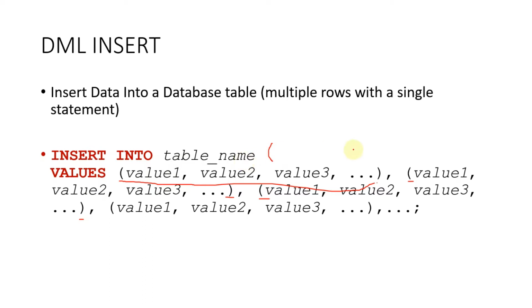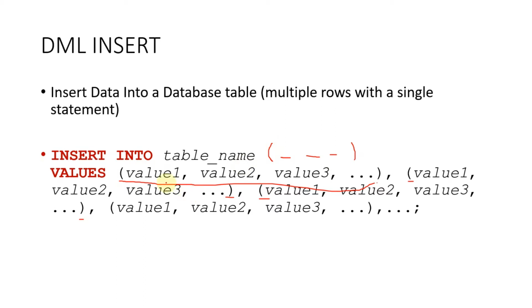Suppose we have 5 attributes and we need data to be inserted into 3 attributes. For that purpose we must type the names of those 3 attributes here, separated by commas. After that we use the values keyword, and after values we must type the sets of all possible rows for these 3 attributes in this table.